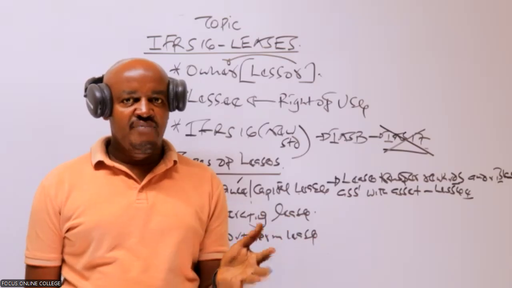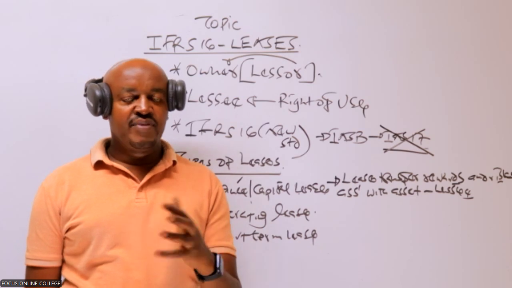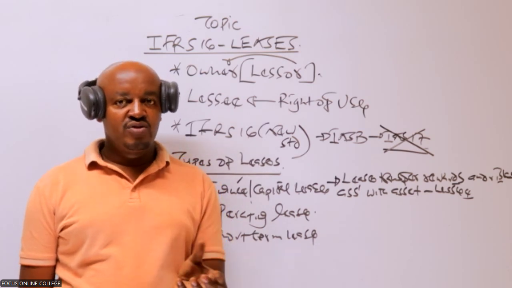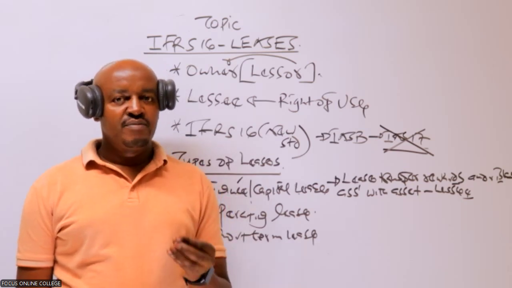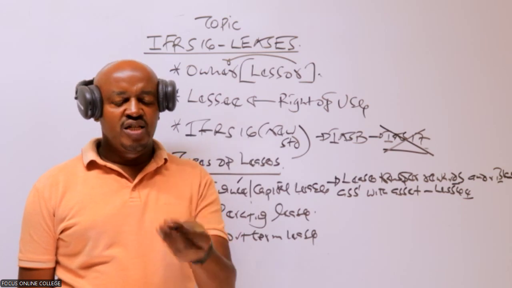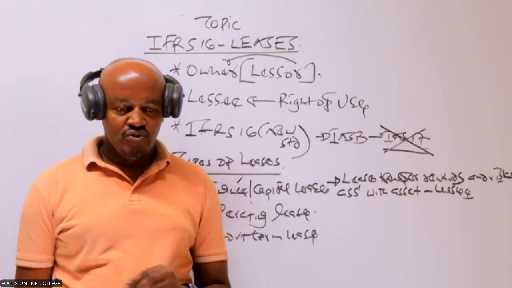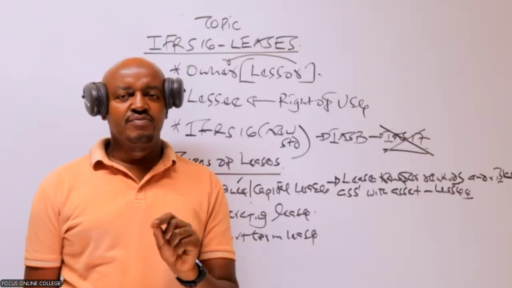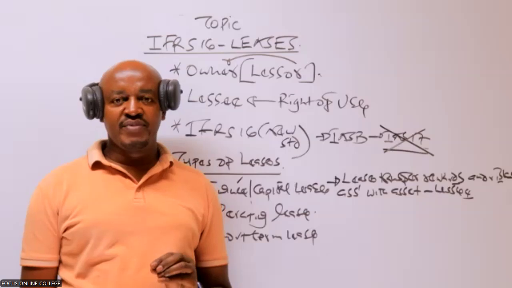In case something happened to that particular asset, assuming it's a building, you have the responsibility to do what? To repair that particular building, because all the risks associated with that asset have been transferred to you.